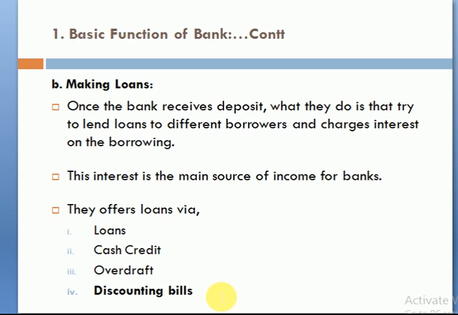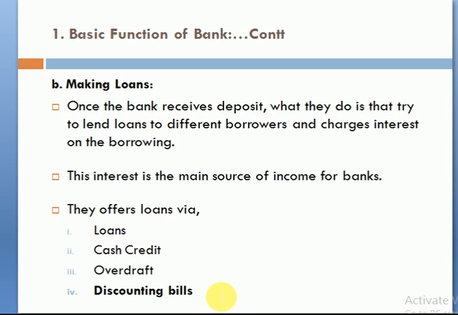This type of loan is called overdraft, meaning that you can withdraw more than your deposits. Like there is $1 lakh in your account and your overdraft limit is $3 lakh. So now you can withdraw 4 lakh. 1 lakh is your own deposit and 3 lakh is the overdraft amount.